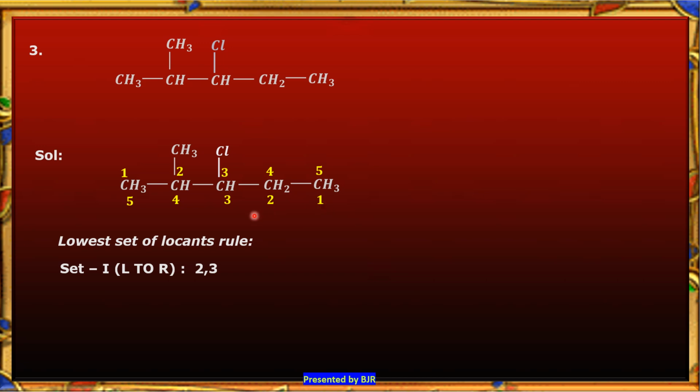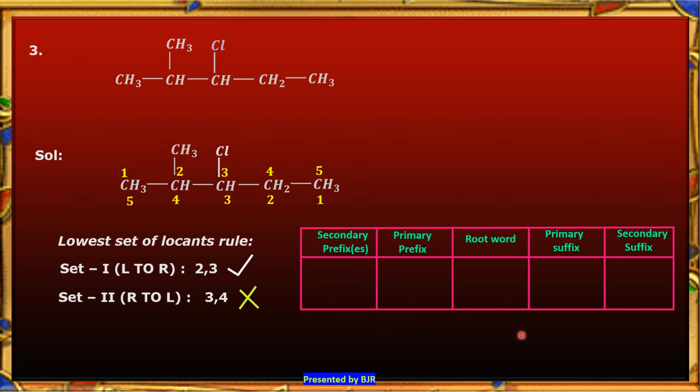Set 2 locants are 3, 4. So 2 is less than 3. That means set 1 is lower than set 2. At the first point of difference, 2 is less than 3. So the numbering from left to right is the correct one.